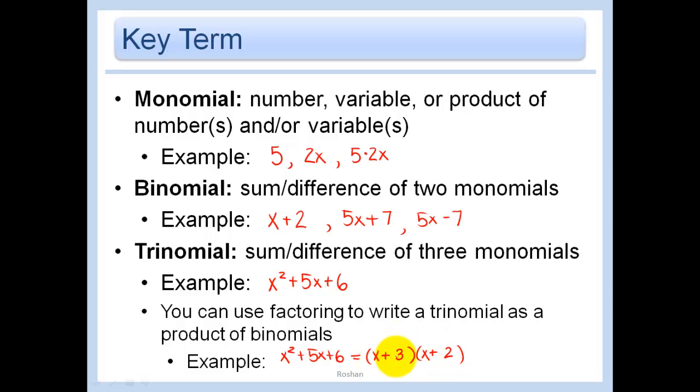The outer is 2x, the inner is 3x, that makes 5x. So this is a trinomial, and it can be written as a product of two binomials. Conversely, you could use FOIL to take the product of two binomials and make it into a trinomial, right? We could use FOIL to multiply out these two binomials and make it into a trinomial.